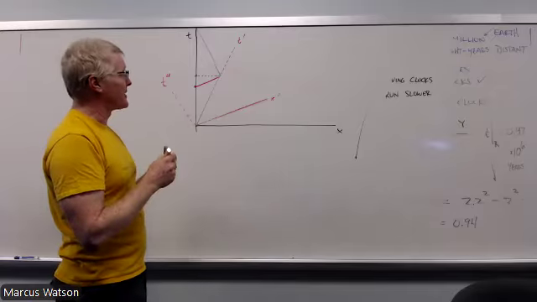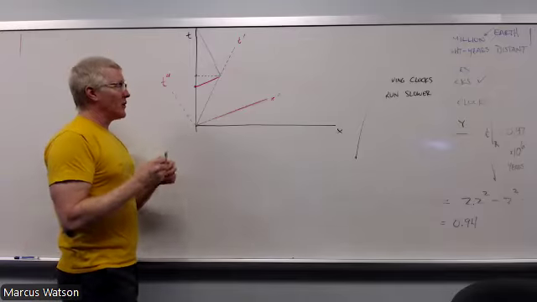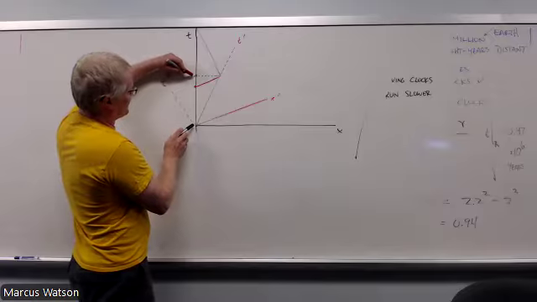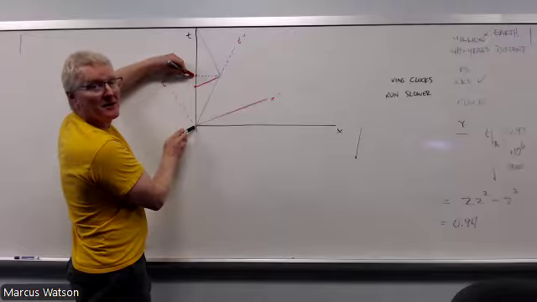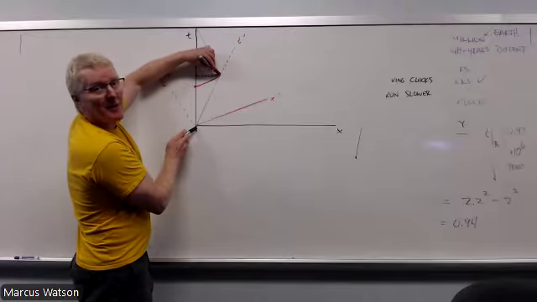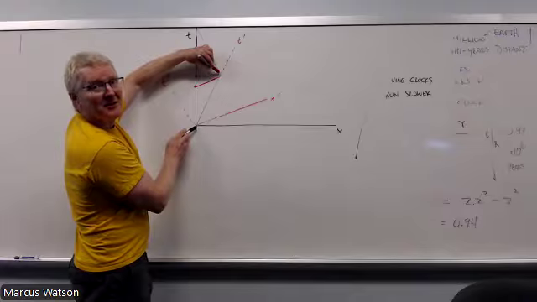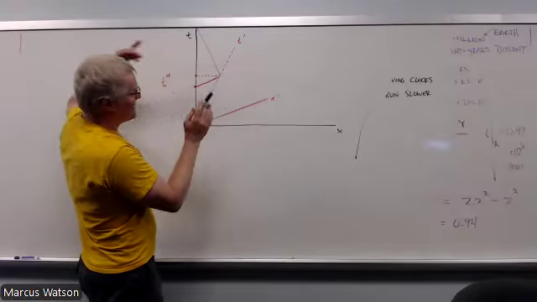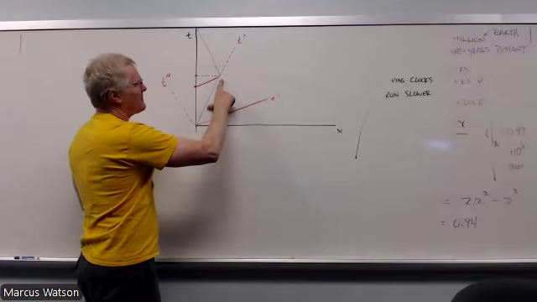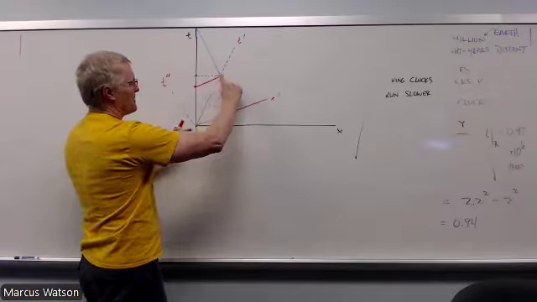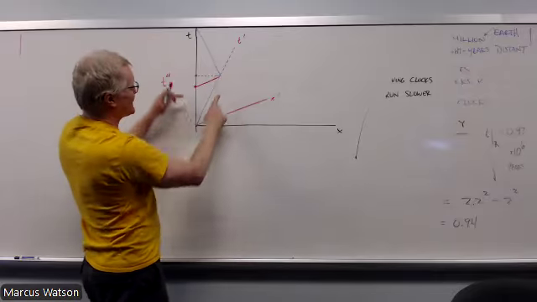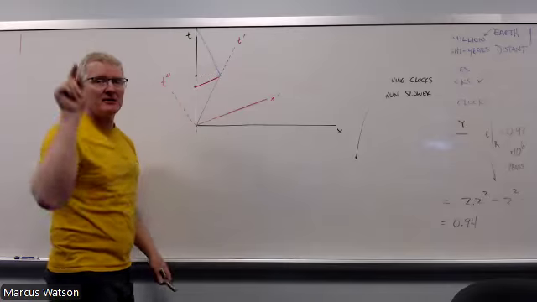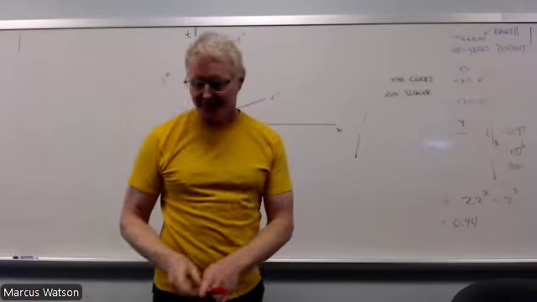Because the time is less. But according to Earth, the time here, which is a leg of a triangle, is less than the hypotenuse here. So this is not the longest leg of the triangle. It's kind of weird. The time experienced by the twin on the rocket ship between here and here on the blue line is less than the time between here and here on the black line. Therefore, the Earth twin says the rocket twin experienced less time.